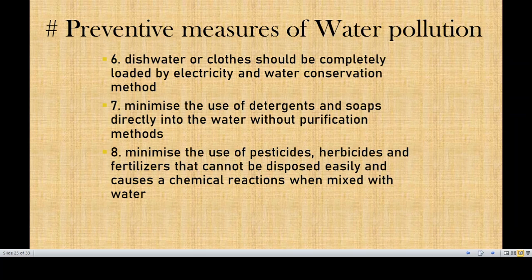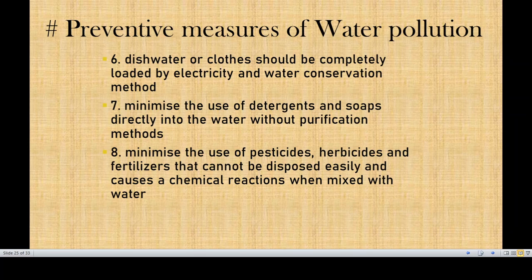Now, it is said you should use detergents and soap to a minimum level. In the present condition, I am saying it is not possible, but of course, if purification methods are used properly, then the use of detergent and soap is also okay.